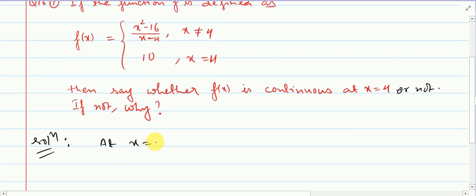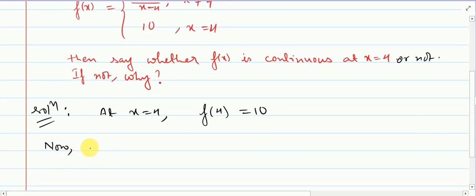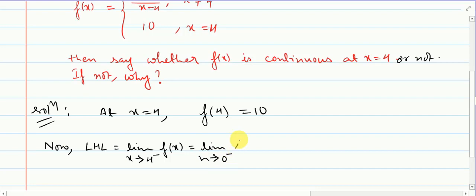At x equal to 4, f of 4 will be 10. Yes, now we will find its left hand limit and right hand limit. So left hand limit will be given as limit x tends to 4 from the left hand side of f(x), which is equal to limit h tends to 0 of f(4 minus h).